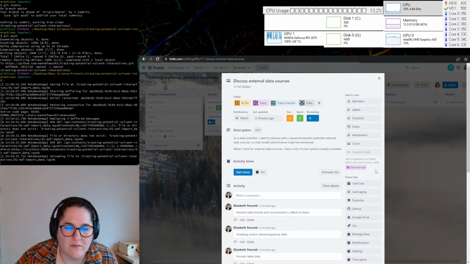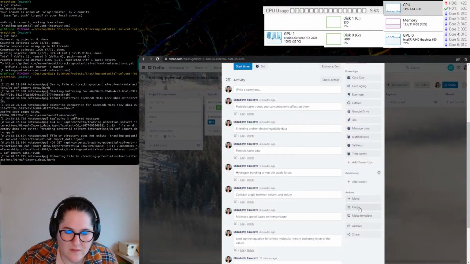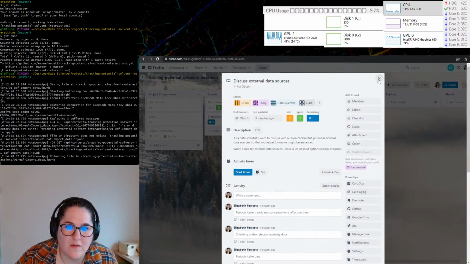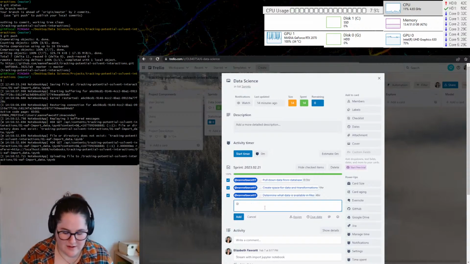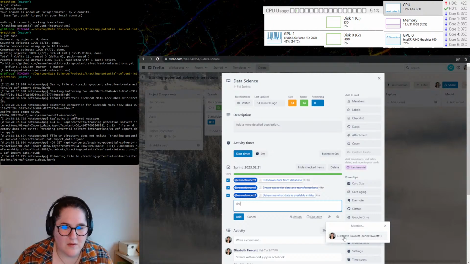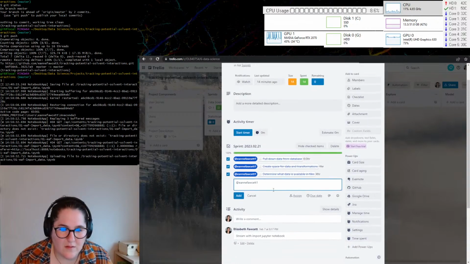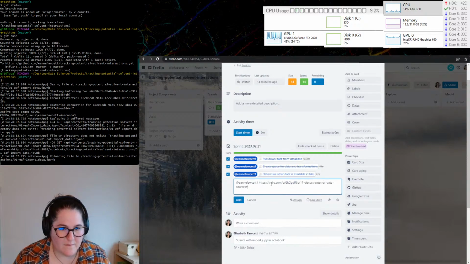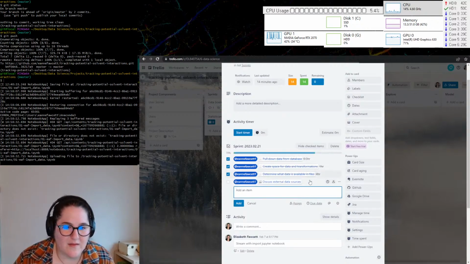It's probably right here, directly in front of my face. Actions. Copy link address. Does that give me the card link? Or do I do it here? Add an item. And I'm adding myself. And then can I... What does that do? Yeah, it does exactly what I want.